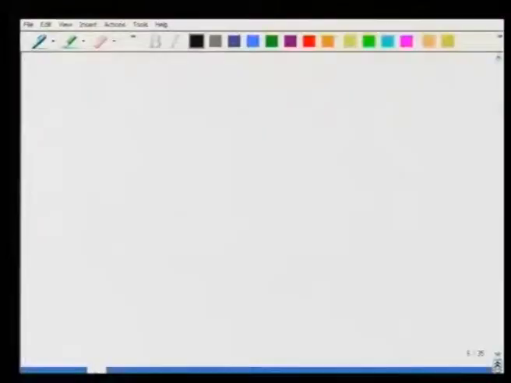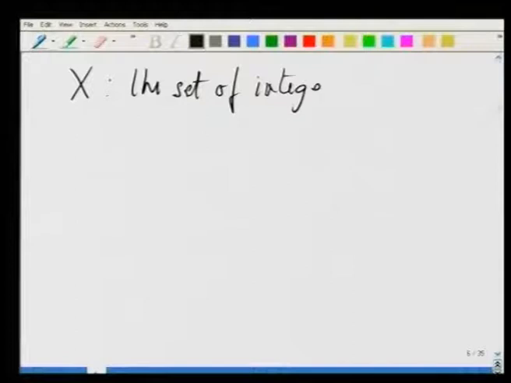The sets that we will normally use in place of X are the set of natural numbers, the set of integers, this is denoted by the letter Z written in this font.